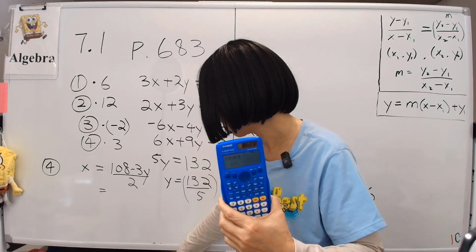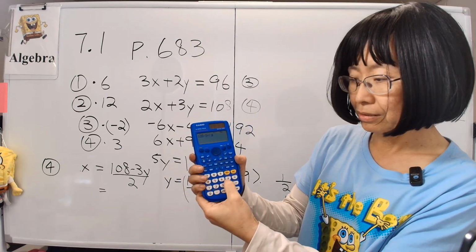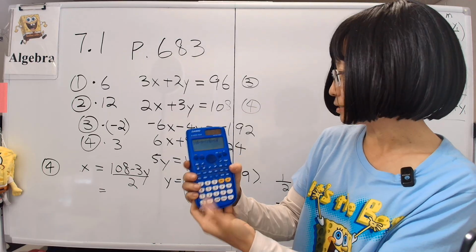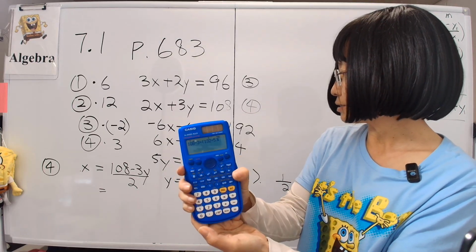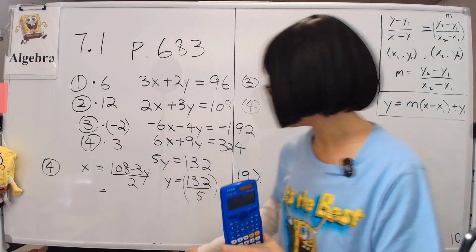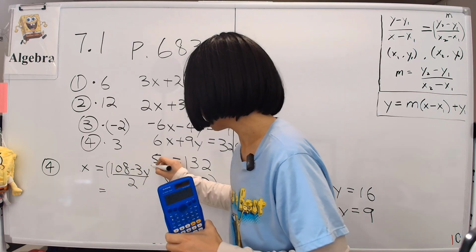So minus 3 times 132 divided by 5, close parentheses. That's not good enough. We need parentheses here too. So I need the parentheses in the beginning, like this.